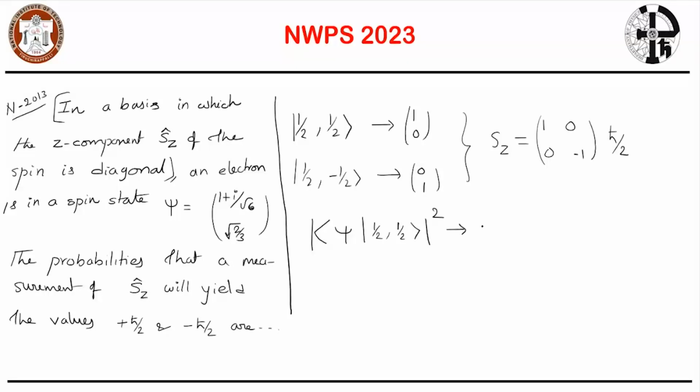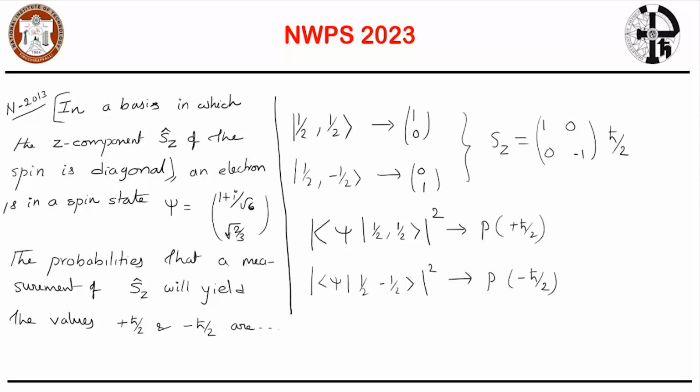Similarly, this is the probability that you get minus h over 2. This is the interpretation. So any general state has to be expanded in eigenstates of these.